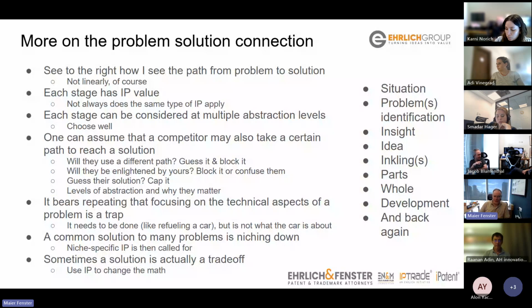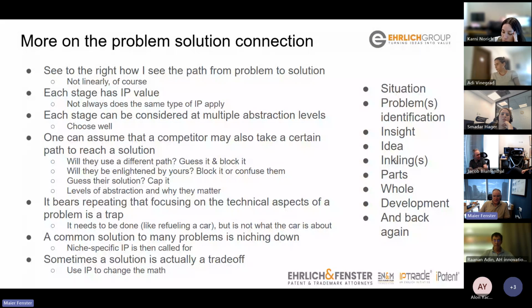And what's important for us is that each one of these stages can be used as a target for IP. So I can file a patent which will prevent the competitors from identifying the problem in the situation. I can file a patent on one of the parts of the solution. I can perhaps file a patent the minute I have some sort of inkling on what the solution might look like.